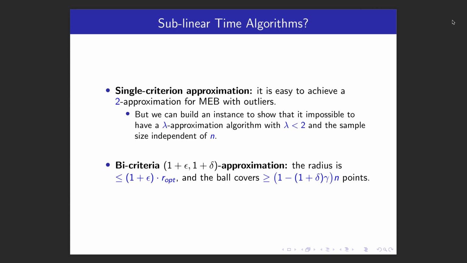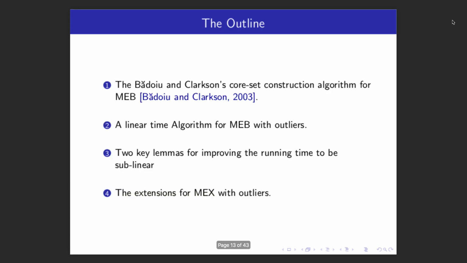So that means we allow a slightly larger number of outliers. In the definition, we allow gamma n outliers, but now we allow a slightly larger (1 plus delta) times gamma n outliers.